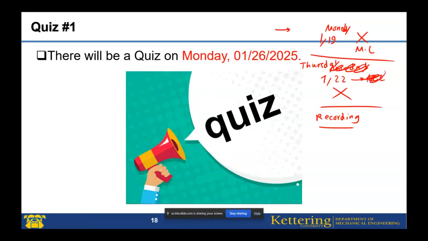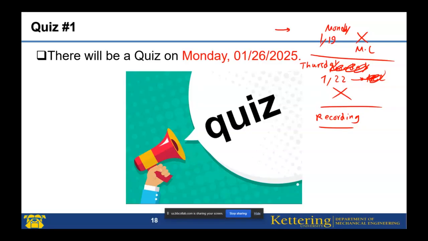But for the next class, we will have a quiz. And what is this quiz? Exactly this content, and the questions are solved and similar to the homework I just did. After Thursday, I will upload the solution for the homework.